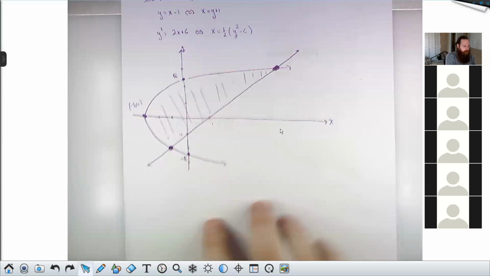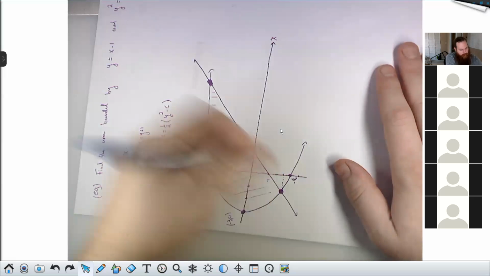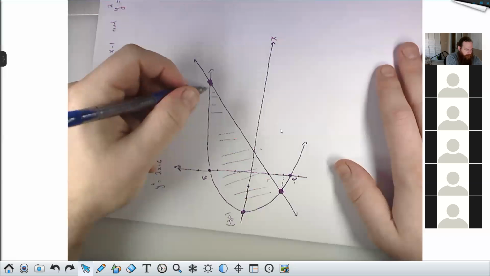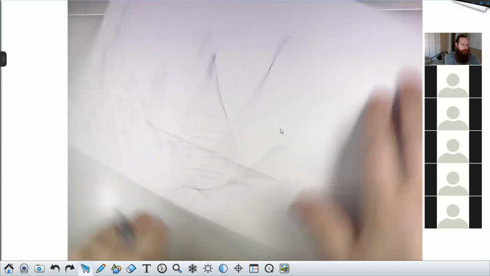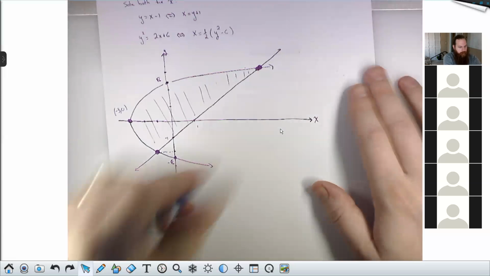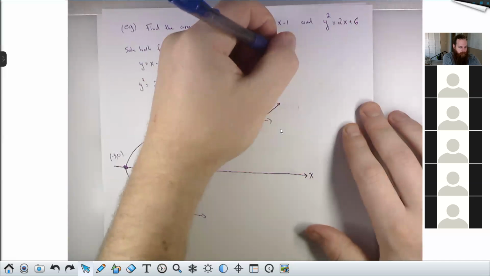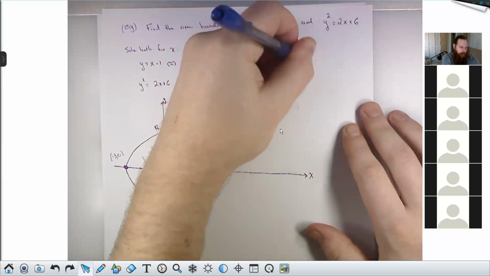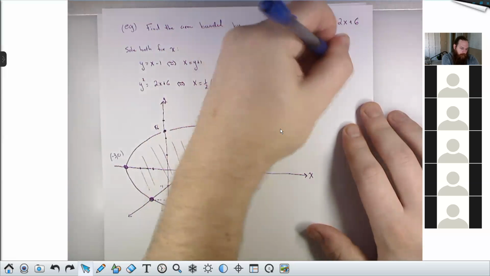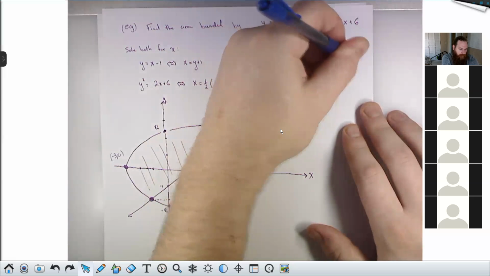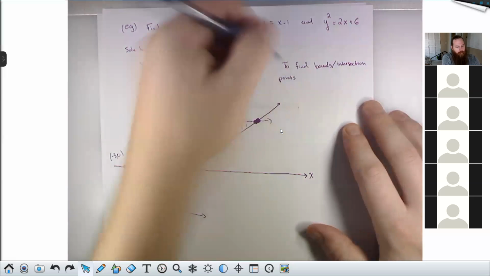So then the numbers I need, my bounds of integration, are from here to here. But it's not clear what those numbers are. So to find the intersection points, what should I do?